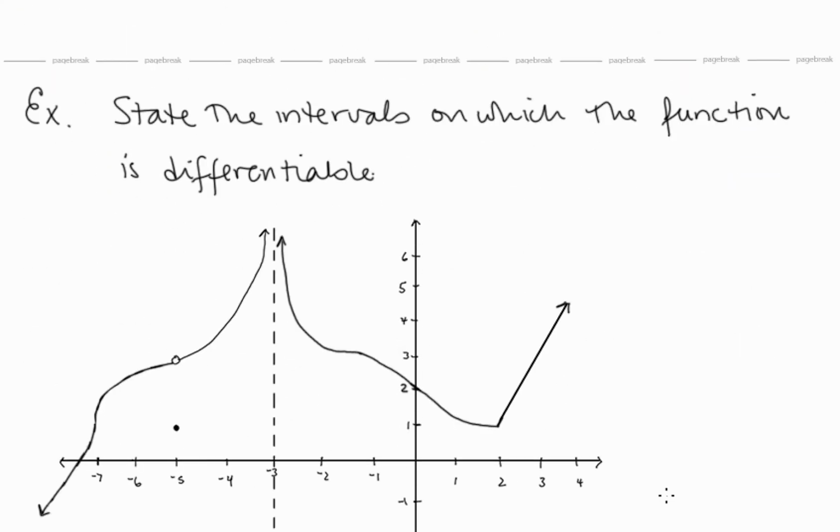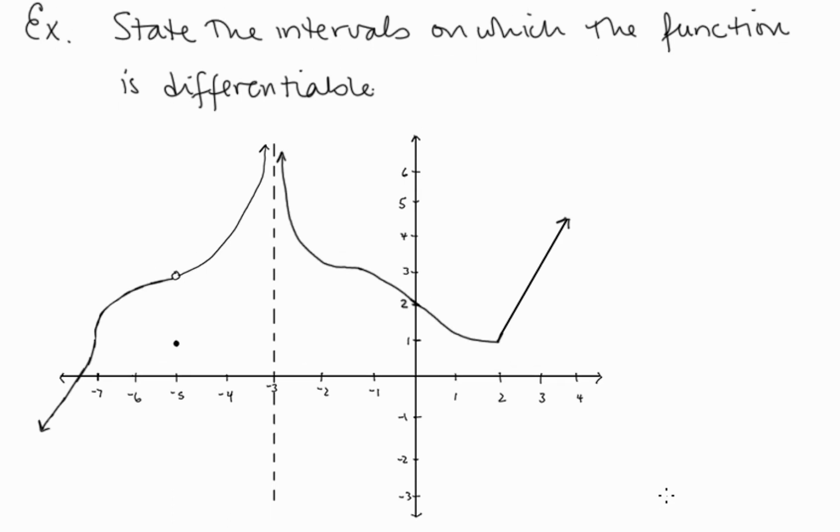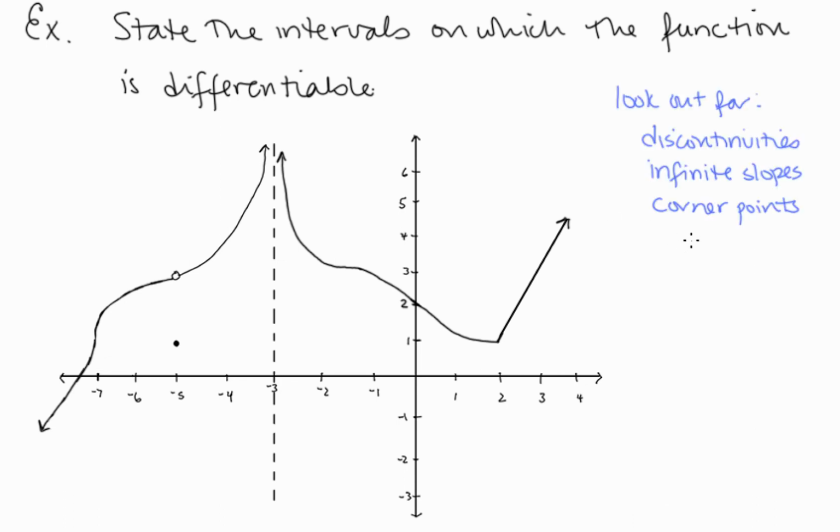Now let's take a look at this graph and let's state the intervals on which the function is differentiable. So what are we looking out for? We're looking out for discontinuities, we're looking out for infinite slopes, and we're looking out for corner points, because these are going to be the x values at which the function is not differentiable.